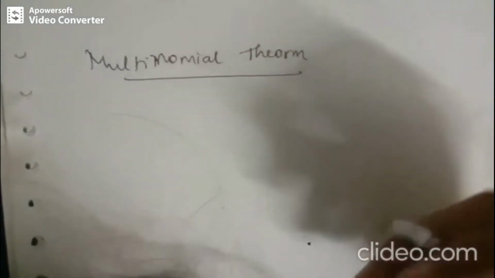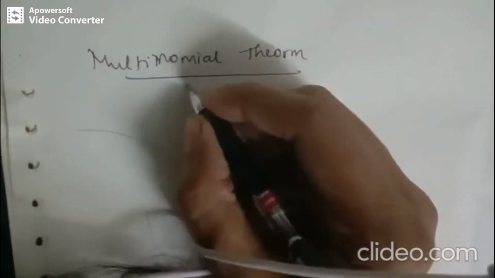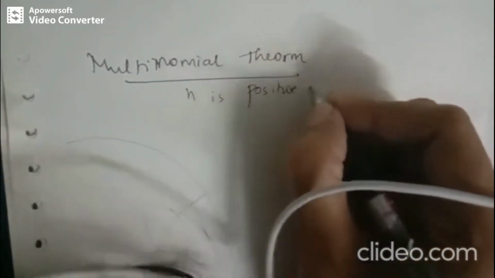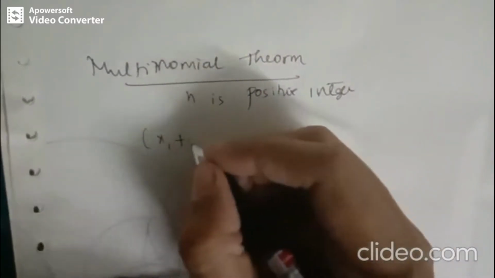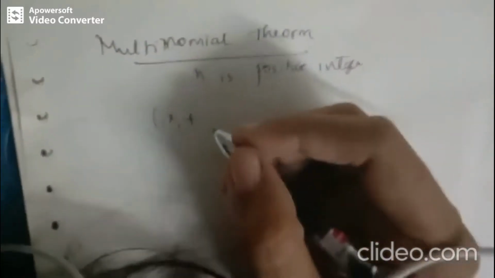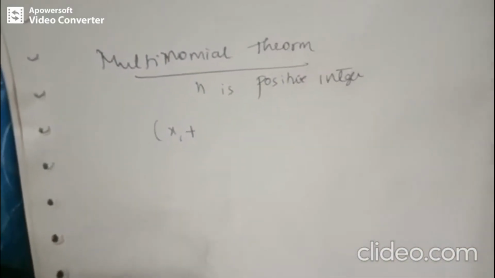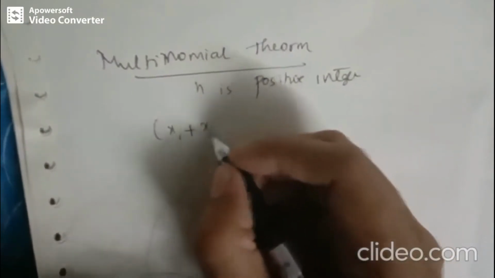Similar to the binomial coefficient, once again n is a positive integer, and the general term in the expansion can be written as follows. We had x and y previously as the two terms, but now we have more than two terms in the expression.